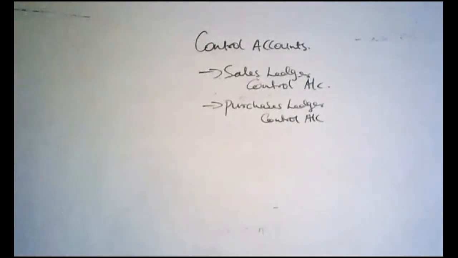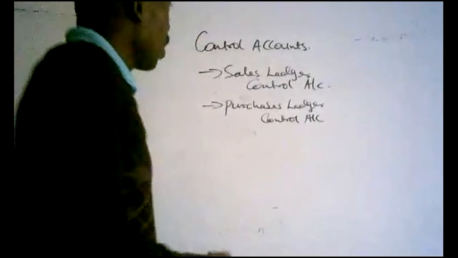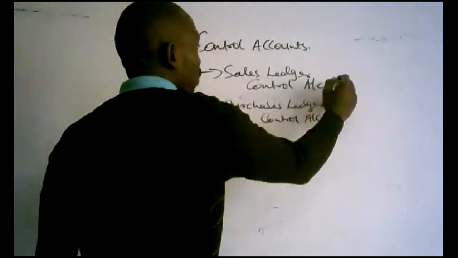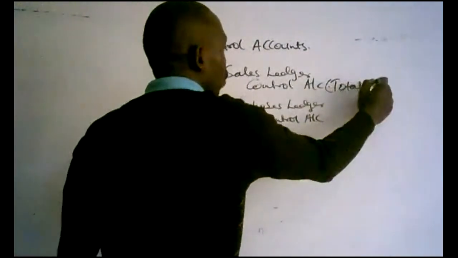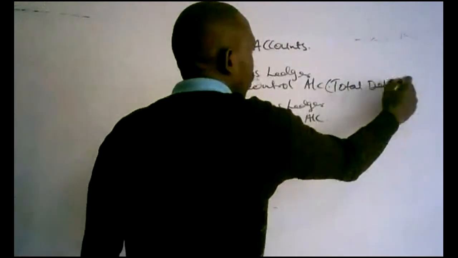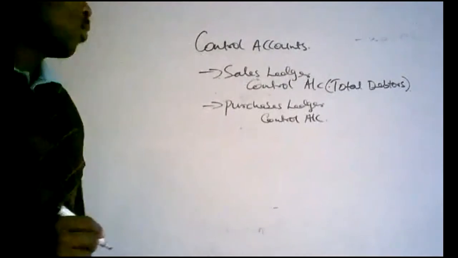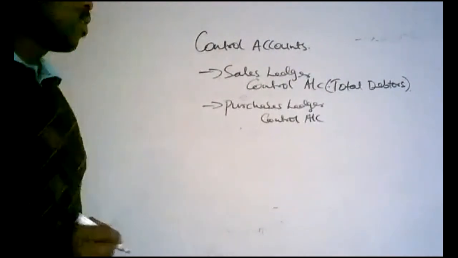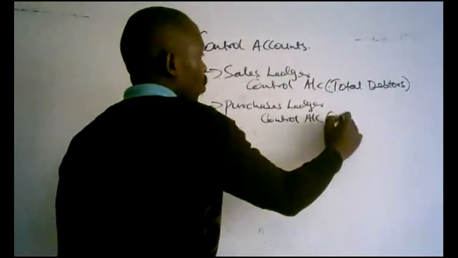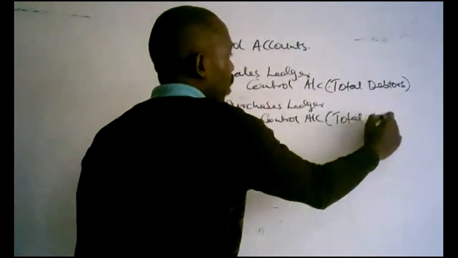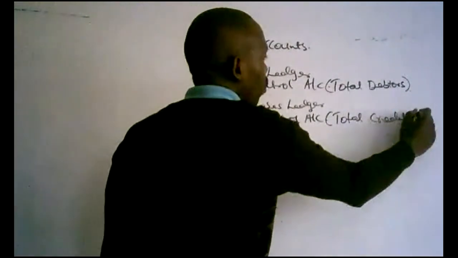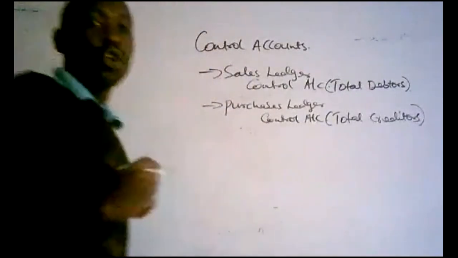When we talk about the sales ledger control account, this one is also known as the total debtors control account, whereas the purchases ledger control account is also known as the total creditors control account.